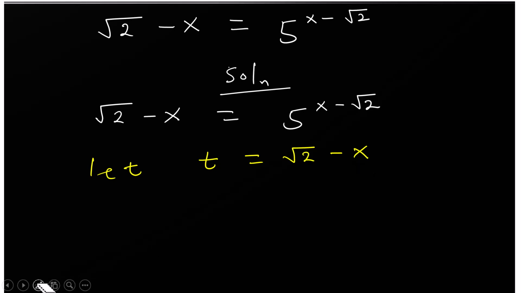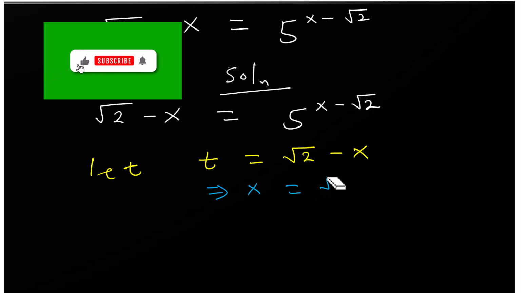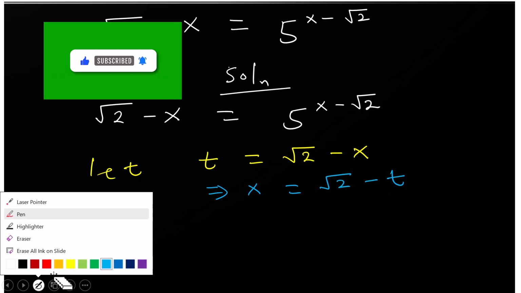So if t is root 2 minus x, it implies that x is the same as root 2 minus t. Okay, so let's do substitution here.